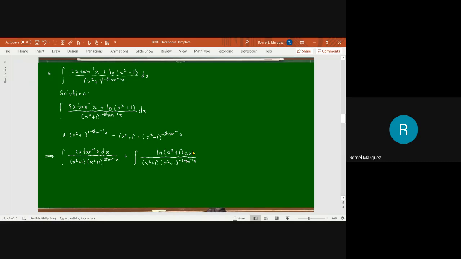What do you think, guys? The 2x arctan, po? What is our u? 2x arctan. If it is 2x arctan, let's say u equals x times 2 arctan x, what is its du?